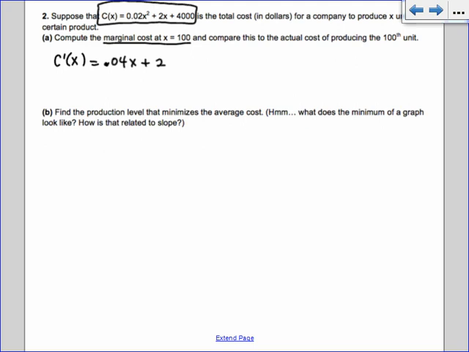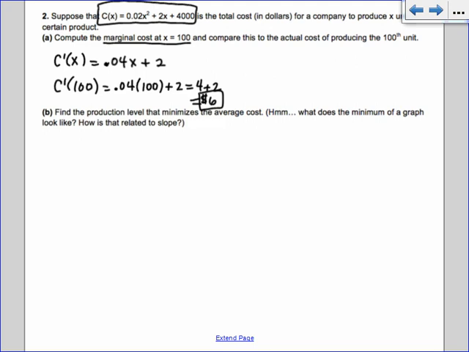Okay, so for that 100th item, what's basically the approximate cost around there? So I'm going to have C prime of 100. So I'm going to have 0.04 times 100 plus 2. So 0.04 times 100 is 4. 4 plus 2 is 6. So it's $6 for that 100th item, around there.